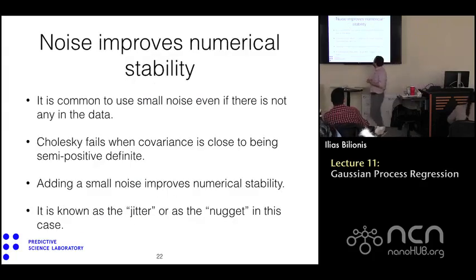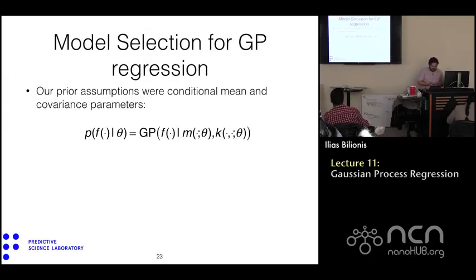All right. So let's talk about how you can select that noise level. Is there a methodology you can use to automatically select the noise level? And also there are the covariance parameters.